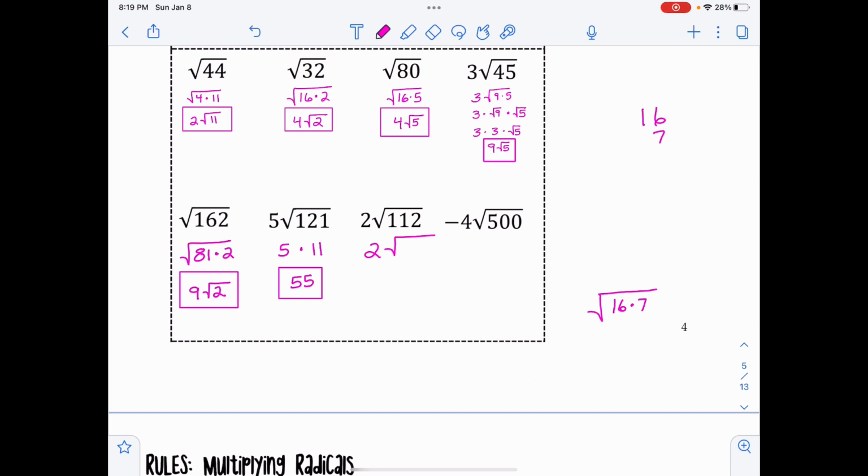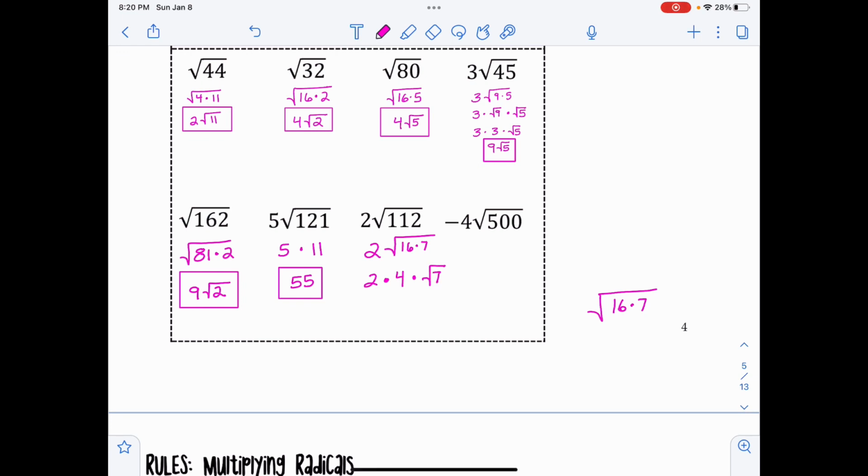Now I'm going to check this real quick. That's multiplying. So yes, 16 times 7 is 112. Square root of 16 is 4. And then I'm left with square root of 7.